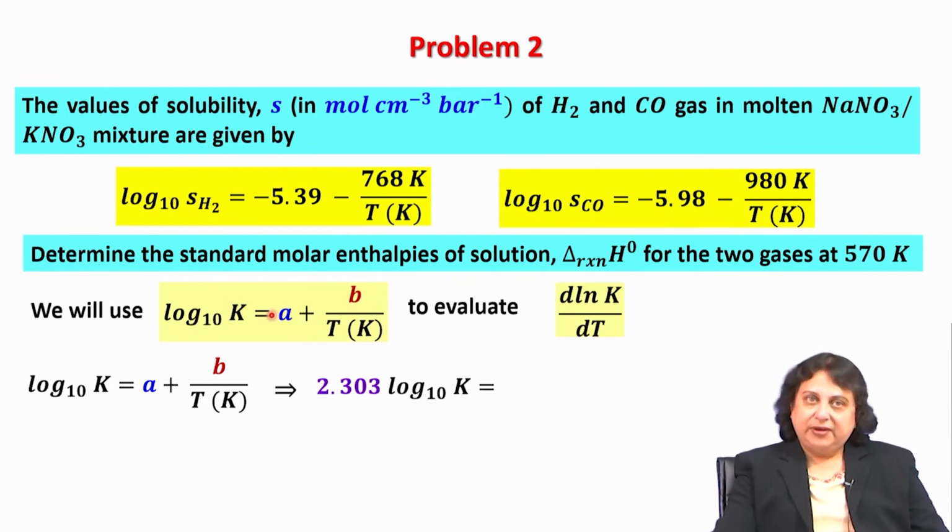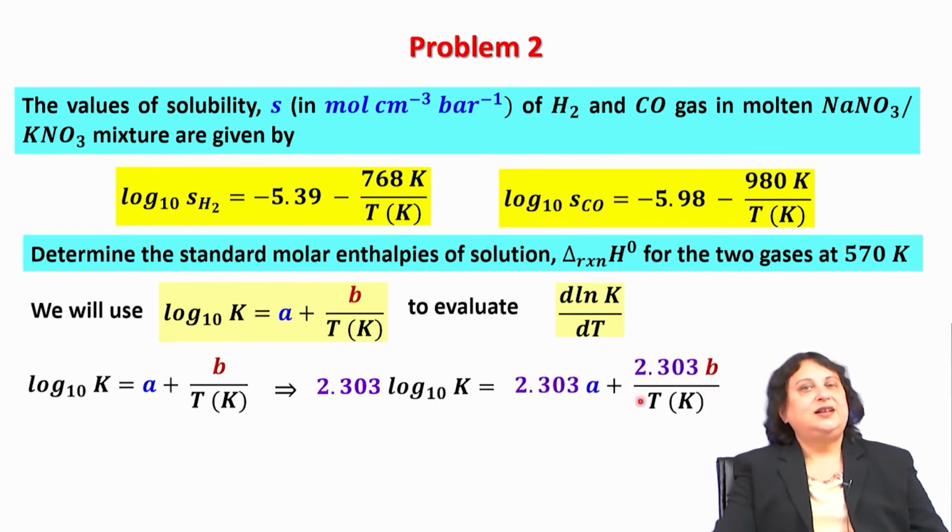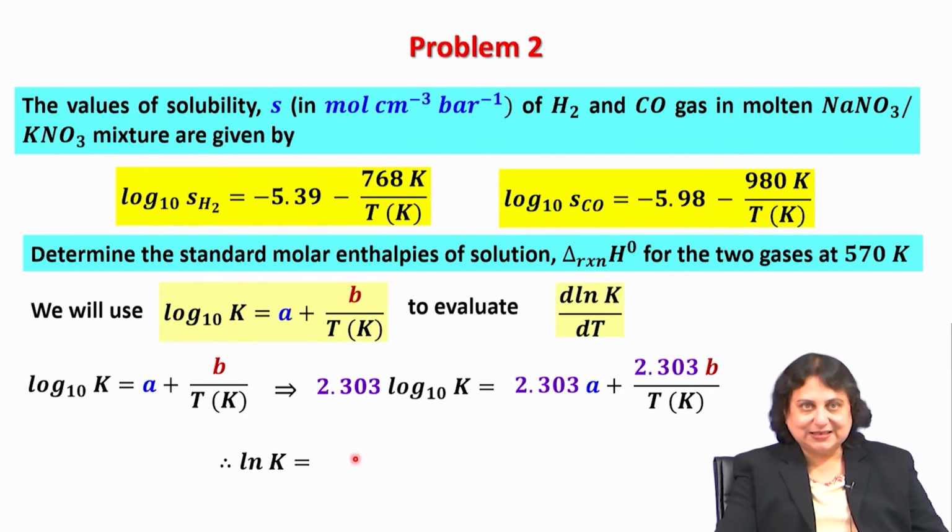So, the left hand side of this equation becomes this, and what happens to the right hand side? Of course, both the terms are now multiplied by 2.303. So, the net outcome of this trivial algebraic exercise is that now I know what natural logarithm of K is.